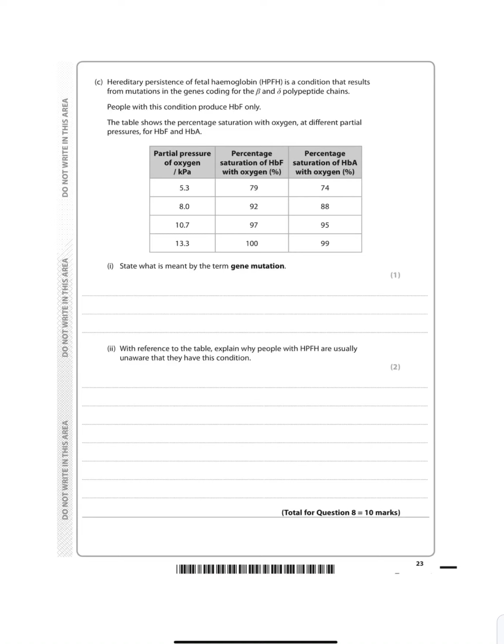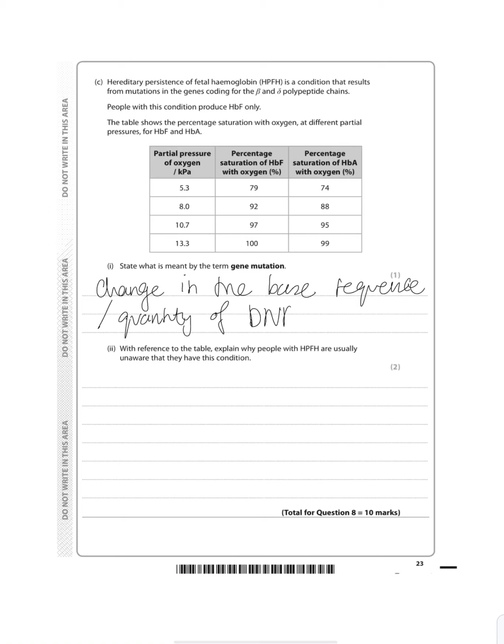So that's just something you're going to have learnt. And gene mutation is a change in the base sequence or the quantity of DNA. But usually this is what you would have learnt, and that's an acceptable answer.